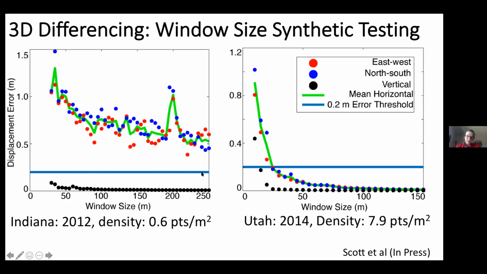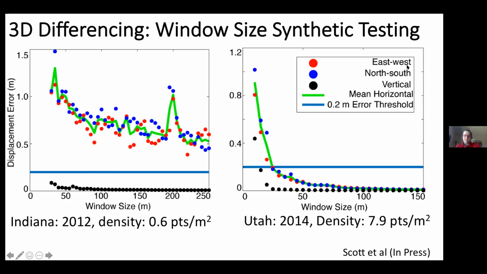This blue line here is the 20 centimeter error threshold. So we decided that really to perform topographic differencing, we would like most displacements to have this error less than or equal to 20 centimeters. And for this older Indiana data set, we never had the error pass below this error threshold for window sizes up to 250 meters.